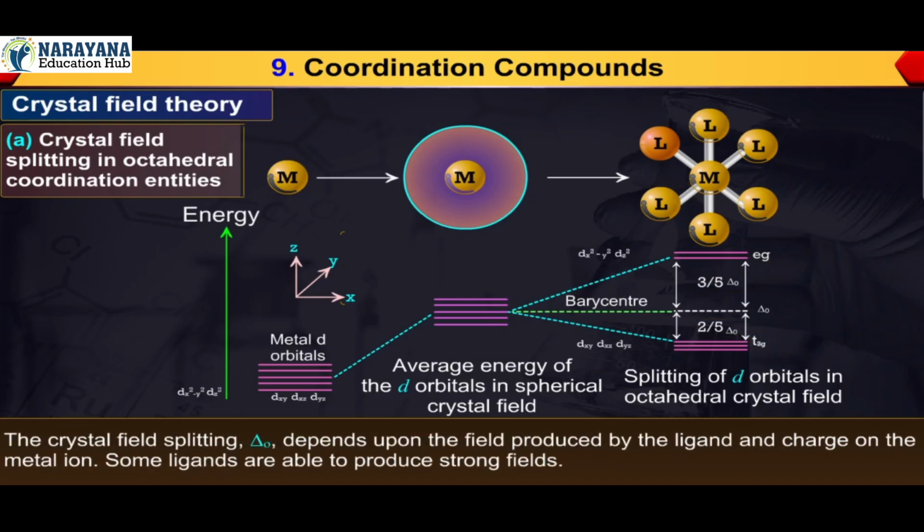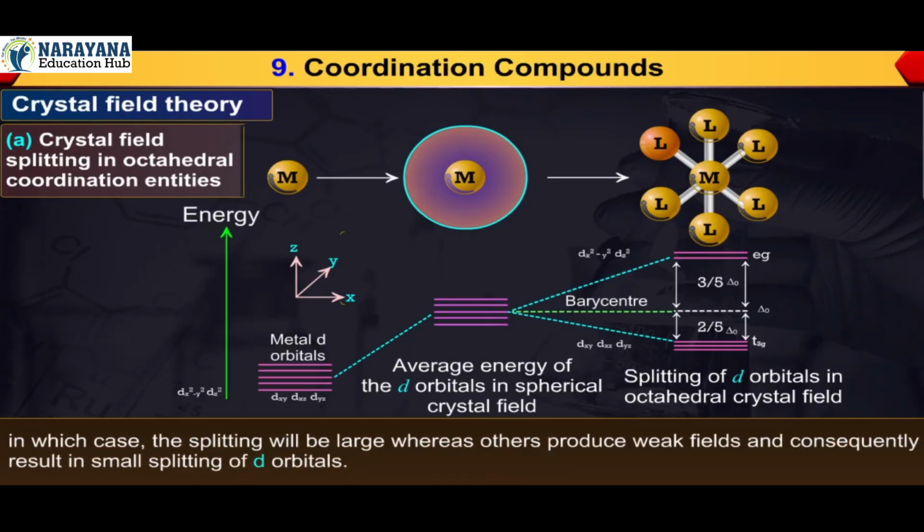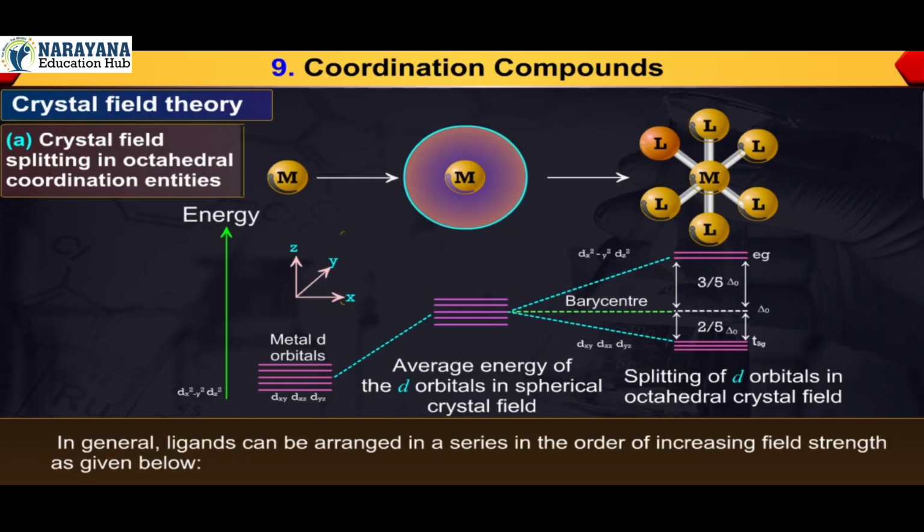The crystal field splitting delta 0 depends upon the field produced by the ligand and the charge on the metal ion. Some ligands are able to produce strong fields, in which case the splitting will be large, whereas others produce weak fields and consequently result in small splitting of d orbitals. In general, ligands can be arranged in a series in the order of increasing field strength as given below.